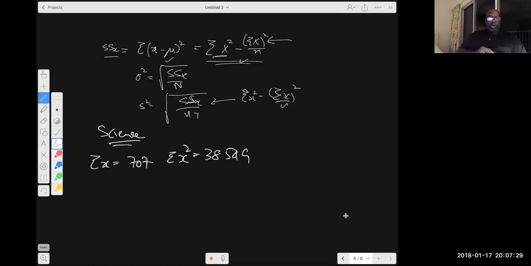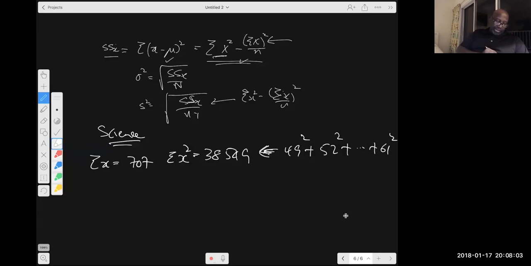In case you wonder where I got that from, my sum of x squareds would be the 49 squared plus the 52 squared plus the 61 squared. So I take each value, square it, and then add them up, and I end up getting the sum of x squareds. If I just add up the individual values, I would get the sum of the x's, so it's 707.